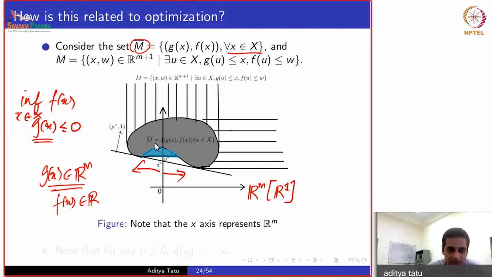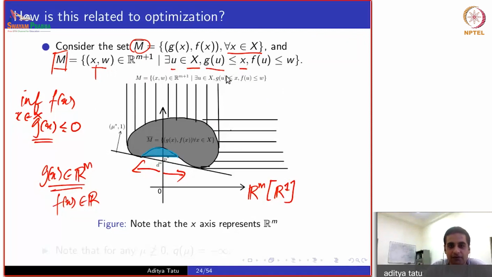Now, that's not enough. So this M bar is shown over here as this gray area. On M bar, what I'm going to do is get a different set M. How is this set M defined? If you look at this, it consists of points (x, w) in R^(m+1), so points shown over here, such that there is some element u in my set X where the inequality function g(u) is less than or equal to x.